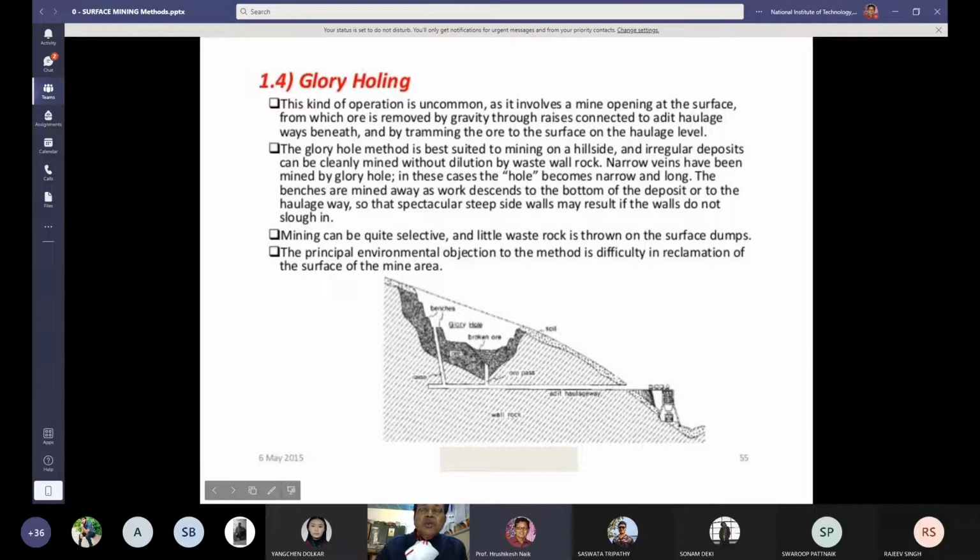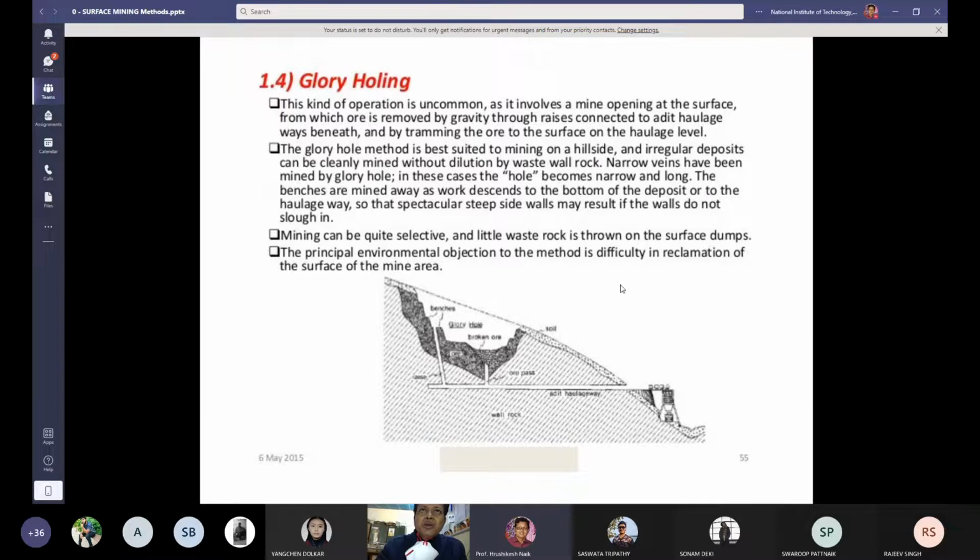So this method of mining can be quite selective, and little waste rock is thrown on the surface dumps. You are not going to mine the waste materials, only the minerals are taken out. So there is no need of throwing the waste materials on the surface dumps.